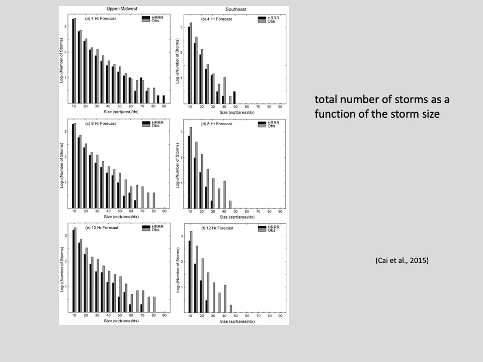The point I want to make here is that for both the upper Midwest and the southeast, the model has trouble to maintain large storms. In other words, it can produce large systems for short forecast lead time, but for longer lead time, the number of large storms in the forecast is much smaller than observations.